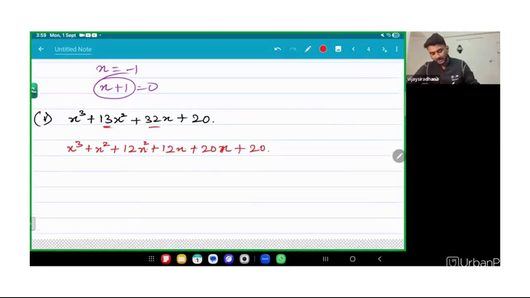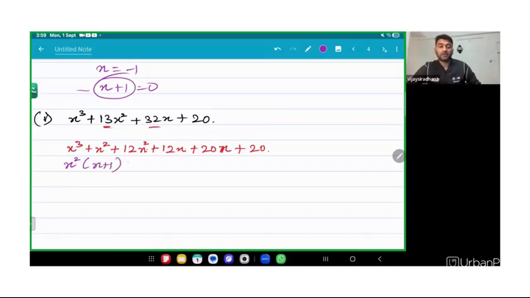If you solve this, then from everywhere you will get x plus 1 as a factor, so you take x plus 1 common. From x square I take common, so you get x plus 1. Then from 12x square and 12x you take 12x common, again getting x plus 1. And from 20x plus 20, again you get x plus 1.